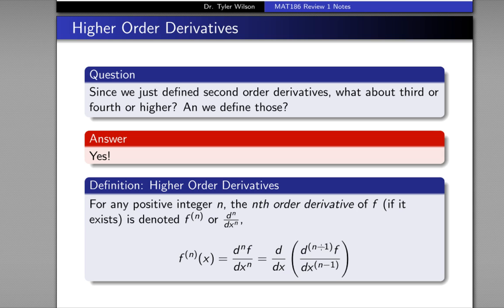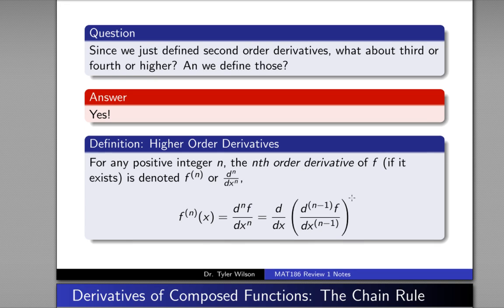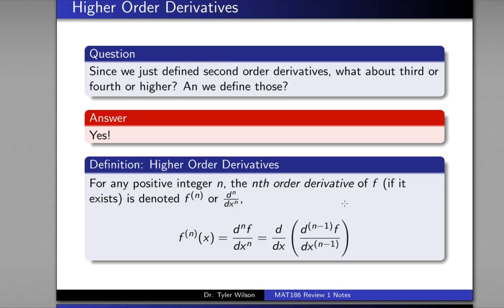So once you calculate the fourth derivative, you calculate the fifth derivative by taking the derivative again. So higher order derivatives are not that much more complicated than regular derivatives. If you want the ninth derivative of a function, take the derivative 9 times. That's all there is to it. I think I might want to try some examples before we go into the chain rule. So let's get that.